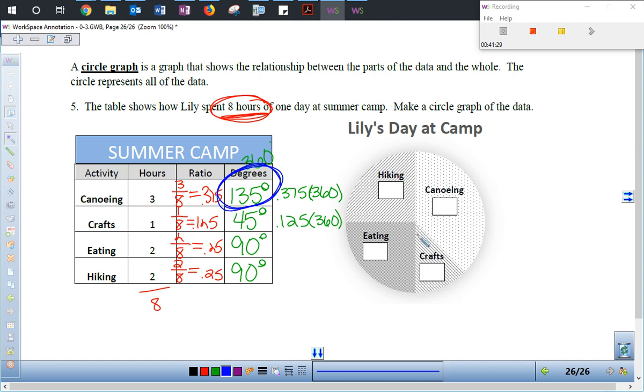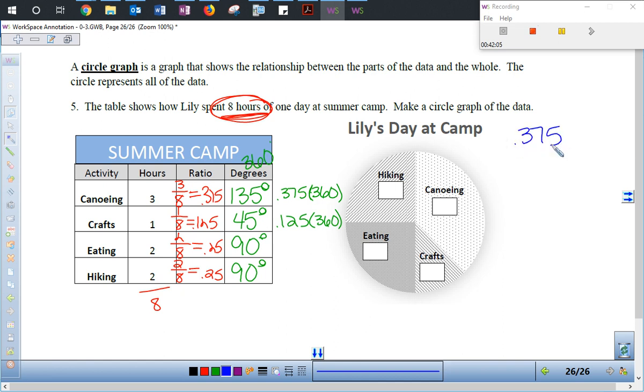Now here, I have these boxes that we need to put information into, and those boxes need to have the percentage of her day put into them. So what we need to do is take the ratios that we have, these decimals, and turn them into percentages. Now it's been a little while since you have done this, so let's start with canoeing. Canoeing was 0.375 of her day.